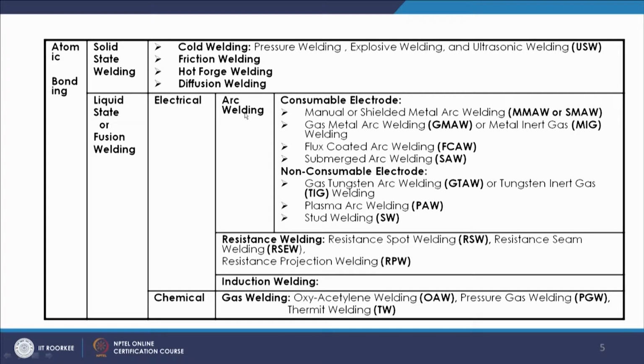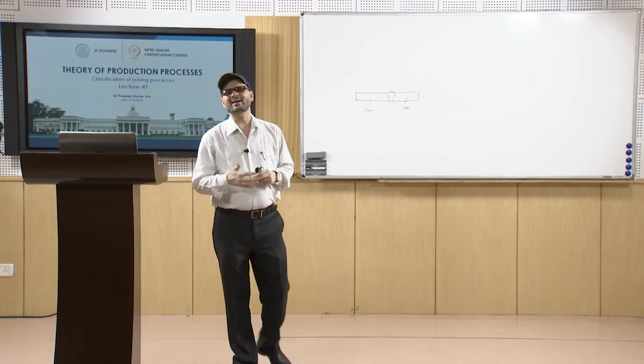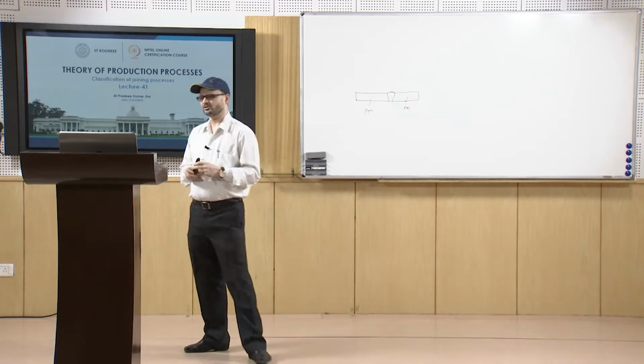When we use electricity as the source of energy, there may be welding using the formation of an arc, or using the resistance welding technique, or using the induction welding technique. On that basis you have different kinds of welding processes.